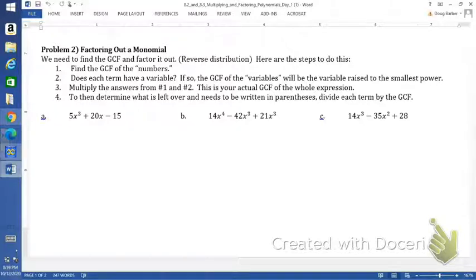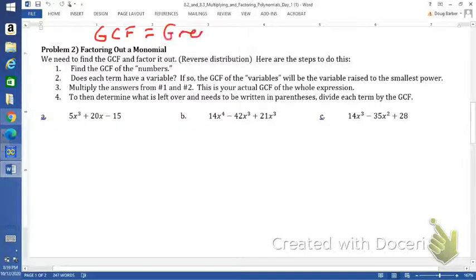Alright, in the second problem here, we're going to factor out a monomial, so reverse distribution. We need to find the greatest common factor. That's what the GCF means. GCF is greatest common factor.